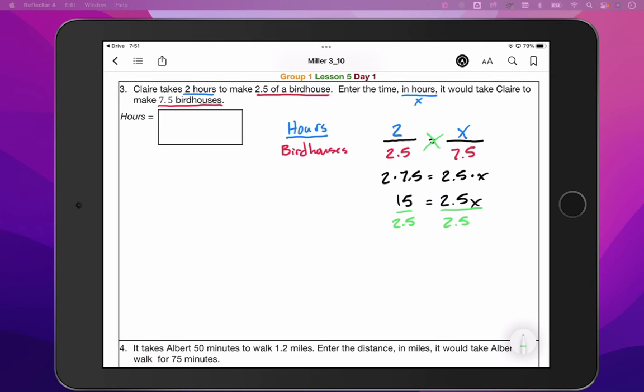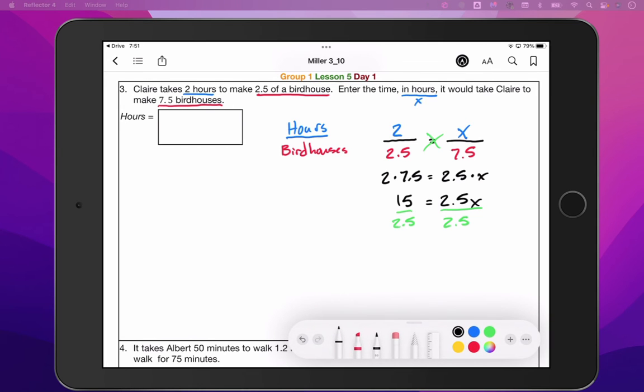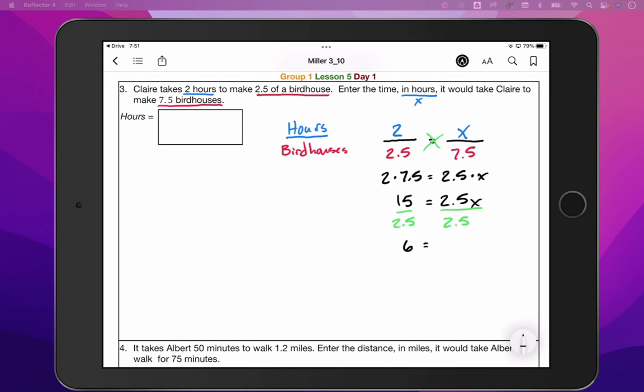And getting my calculator ready here really quick, 15 divided by 2.5 is 6. So 6 is equal to X. It's going to take 6 hours for Claire to make 7.5 birdhouses. All right, I'll pause there for a moment and then move on.